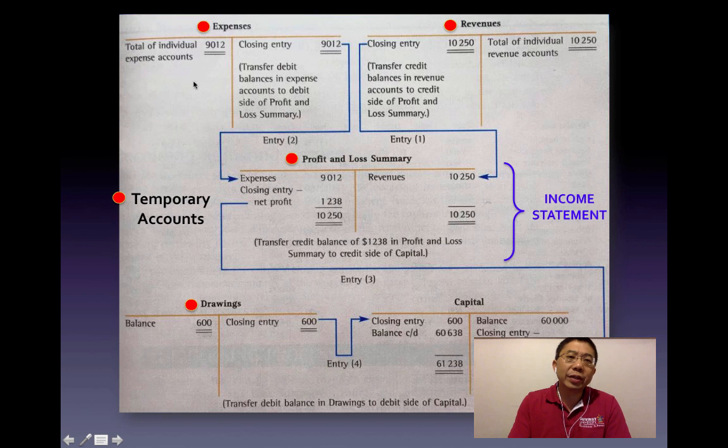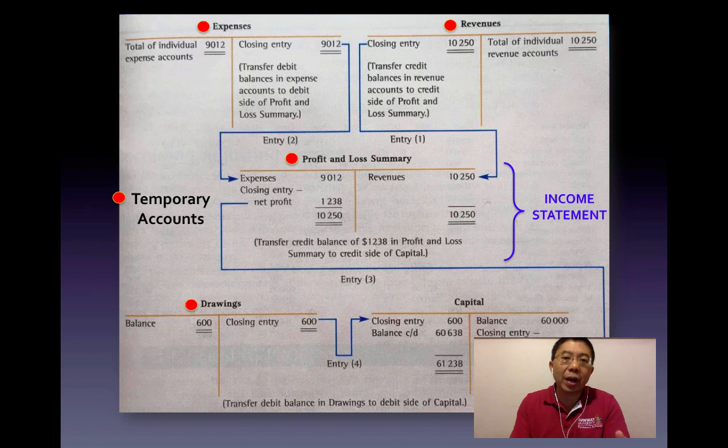If you look at the expenses account, to clear off all the debit balances, we credit that account and debit the P&L summary or income summary account. For the revenue account, we would debit that account to clear off all the credit entries there and credit the P&L summary account, right? And then we calculate the profit from there.